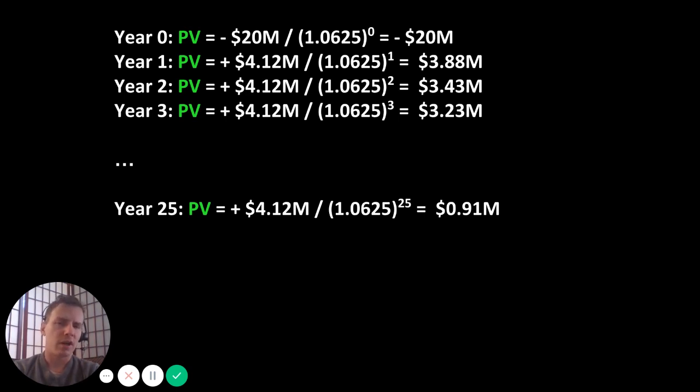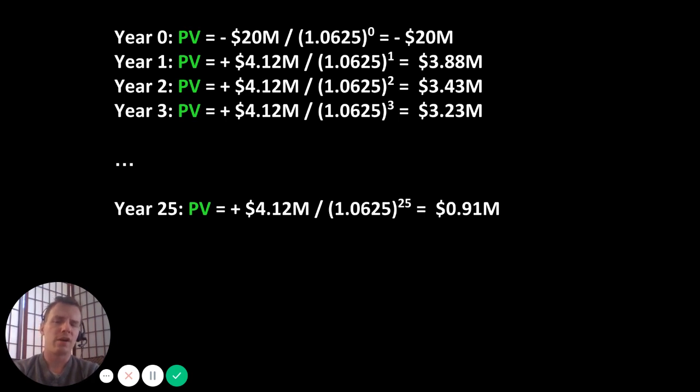And so you can see that the exponent goes from 1 to 2 to 3 all the way to 25, and that corresponds to the year that we're in. And you can also see that despite the fact that everything in the equation is the same except for the exponent, the actual answer we get is declining in value.